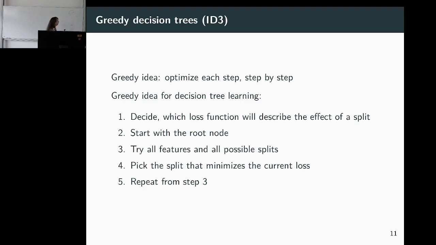Then we repeat from step 3: trying all features, all thresholds, all nodes, seeing where we can achieve the best decrease in the loss function, and then repeat and repeat and so on. So this is the idea for decision tree learning.